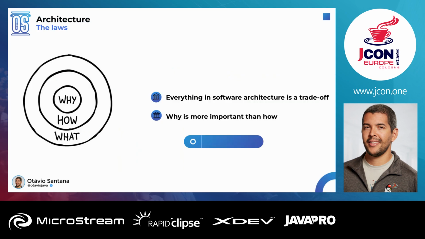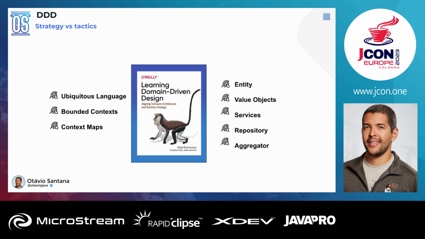I should have chosen another profession, maybe vegetarian, maybe vet. Anyway, it's too late. And when you go to software architecture, the reason why, the business, is the core of mastering that solution.